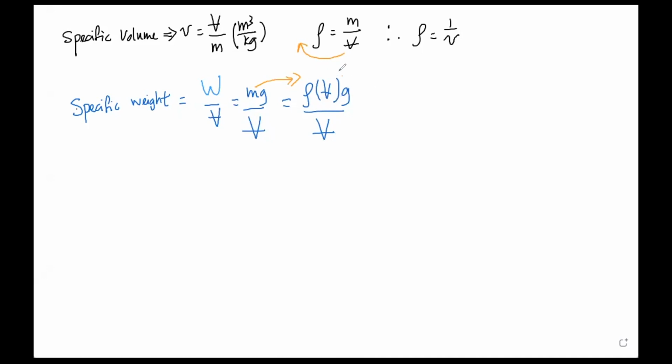So we can cancel the volume, and we have density times g. We also know that density is equal to 1 over specific volume. So we can have g over specific volume. We can also do that.